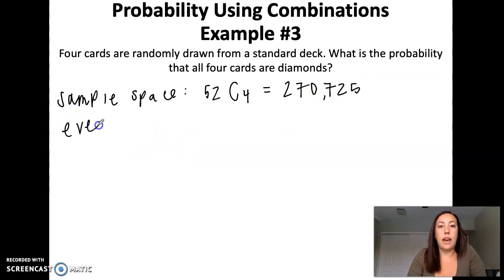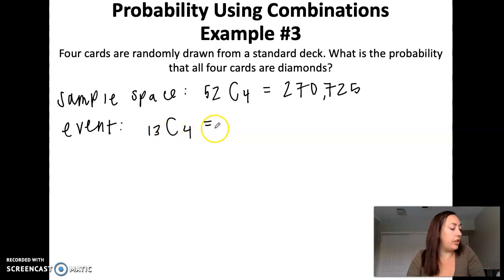Our event is that we get all diamonds. Remember, there are 13 diamonds in a deck of cards. There are 13 of each suit. So for our event, we have 13 diamonds, and we are choosing all 4 cards to be diamonds. Plug that into your calculator: 13 choose 4 is 715.